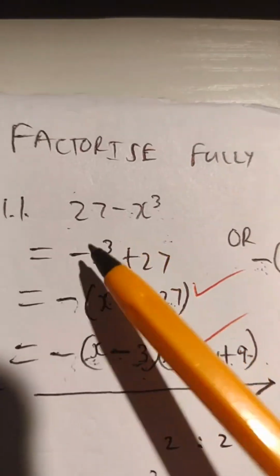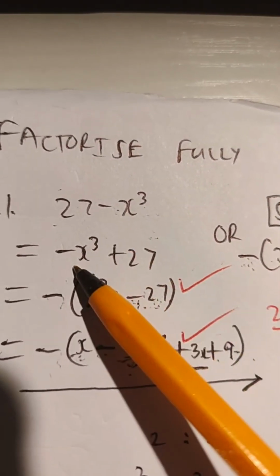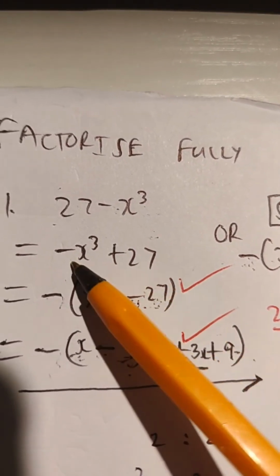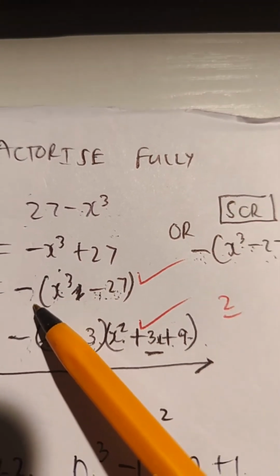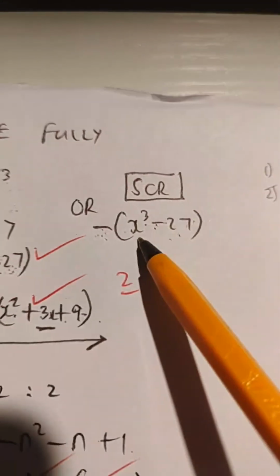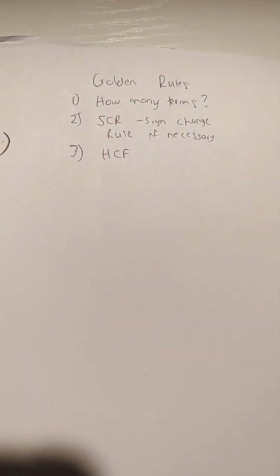Or we could reorder the terms, write this first and then write that last, and then take out the highest common factor. Okay, so either way, that's fine, right? Then 3, after the sign change rule has been applied, if it is necessary, we apply the sign change rule only if necessary. 3, we then have to consider what is the highest common factor.